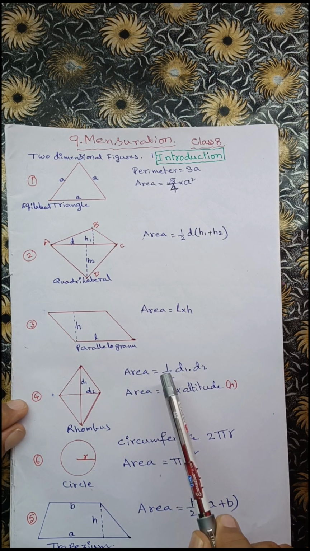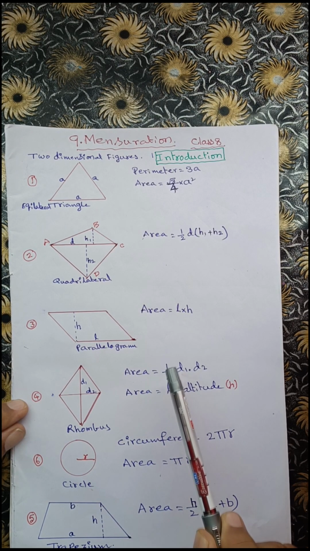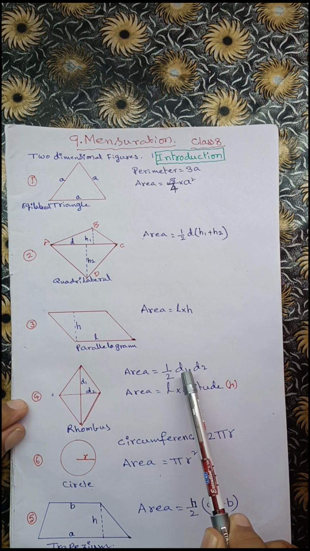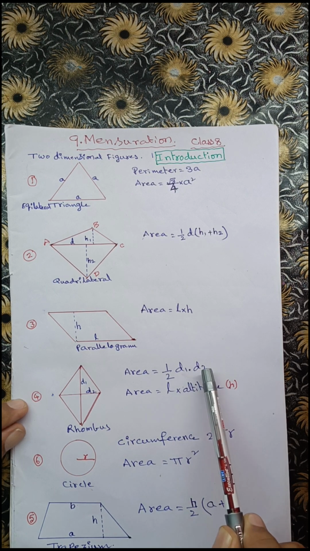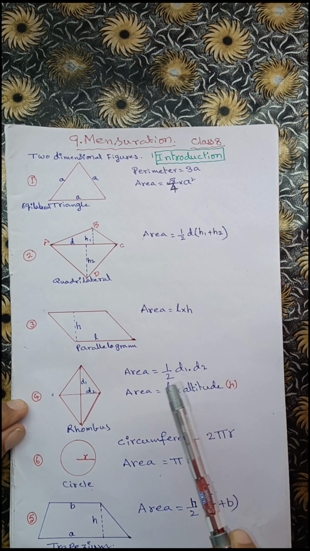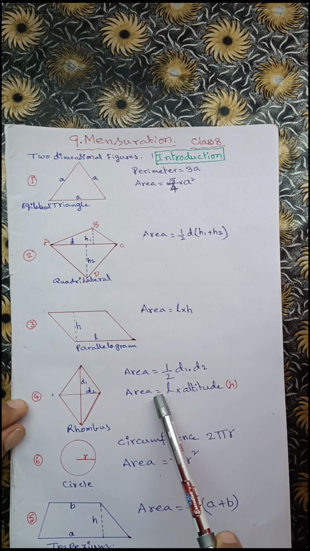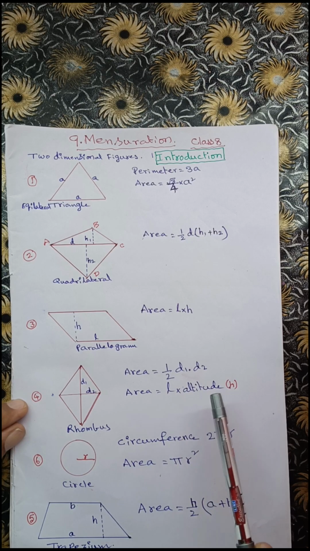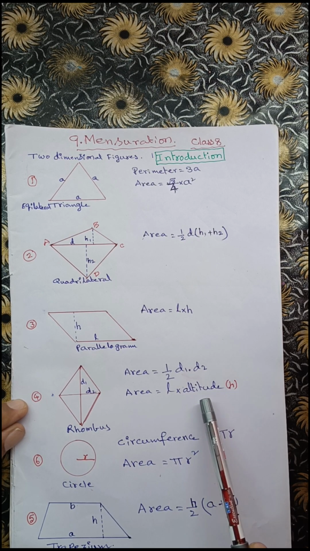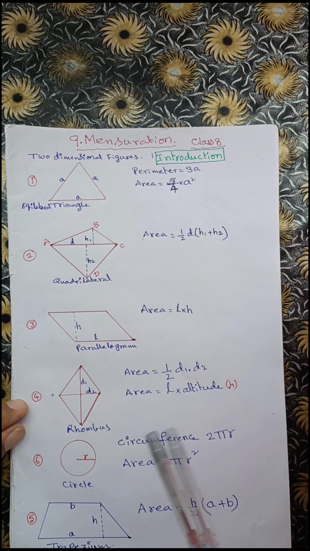The area of the rhombus is equal to 1 by 2 into D1 into D2. Sometimes another formula is used. Area is equal to L into altitude. Altitude means H.